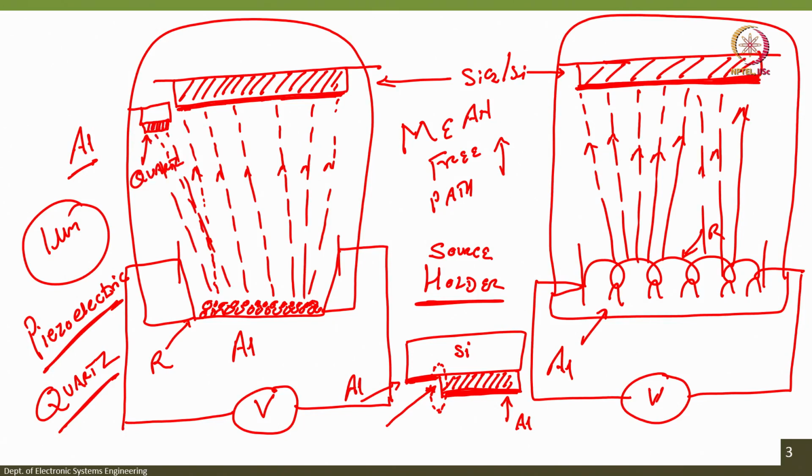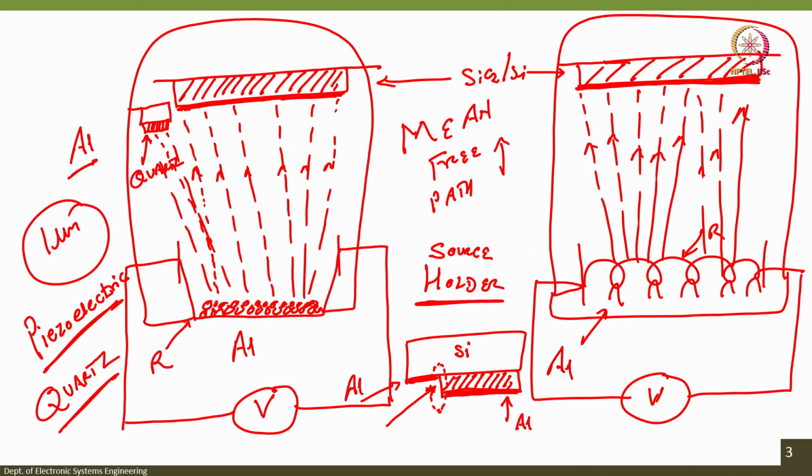So, the material that gets evaporated onto the wafer, which is a substrate, will also get evaporated onto a crystal, which is quartz, and when it gets deposited onto the quartz, there is a change in the voltage.